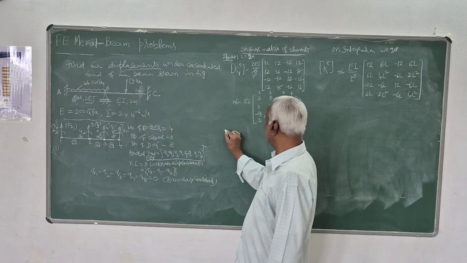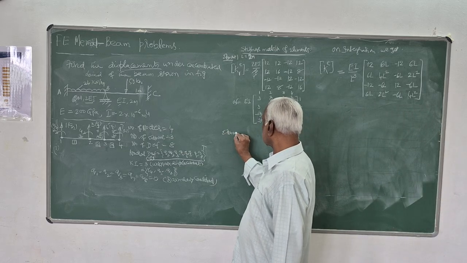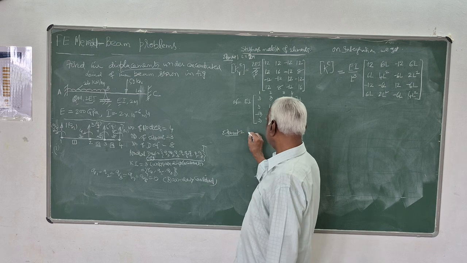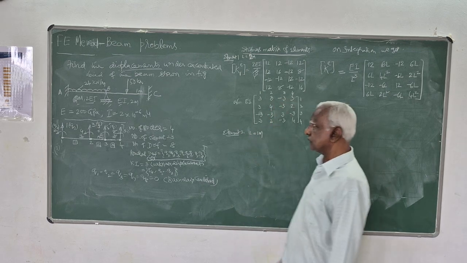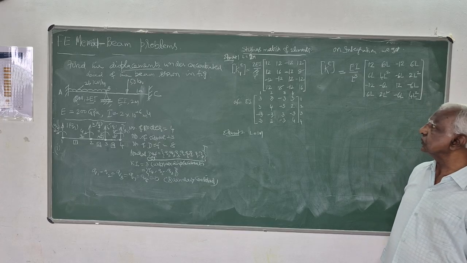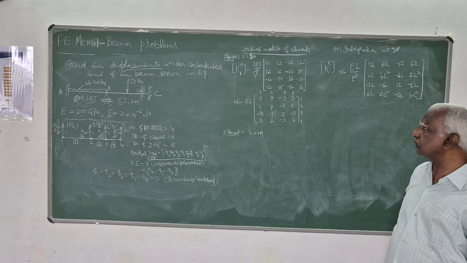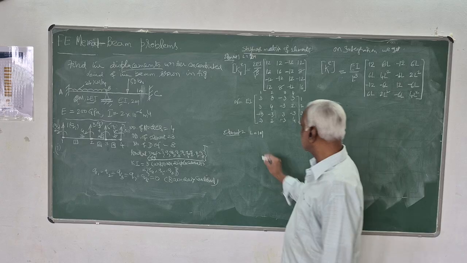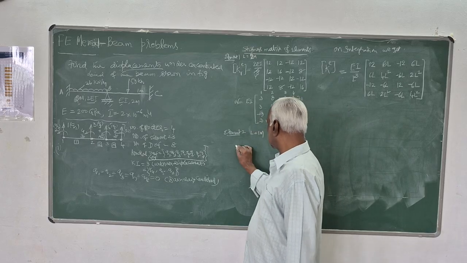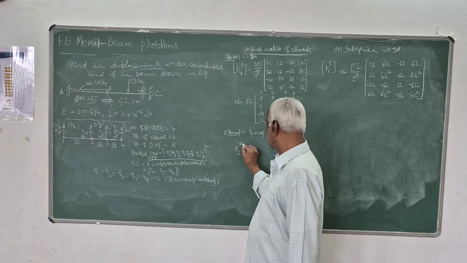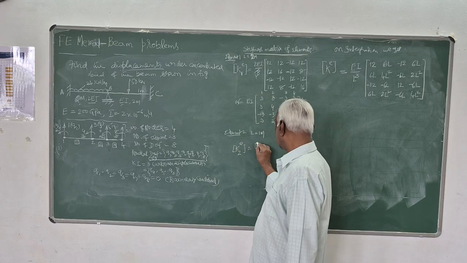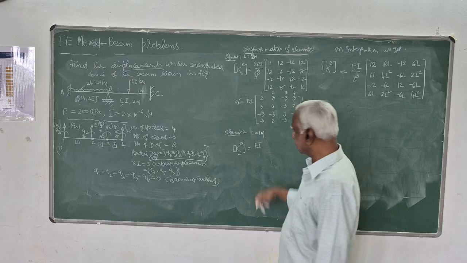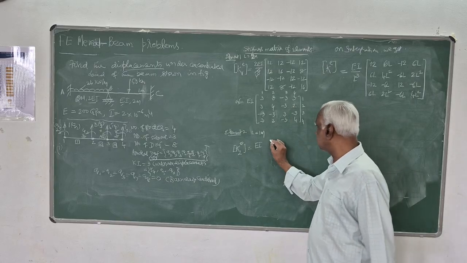Likewise, for element 2, L is equal to 1 meter, so it is not 2 meters. Therefore, K2 is equal to EI by L cube, that is EI by 1 cube, which is 1 itself.